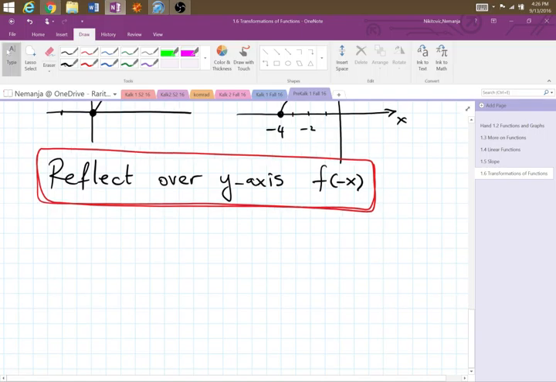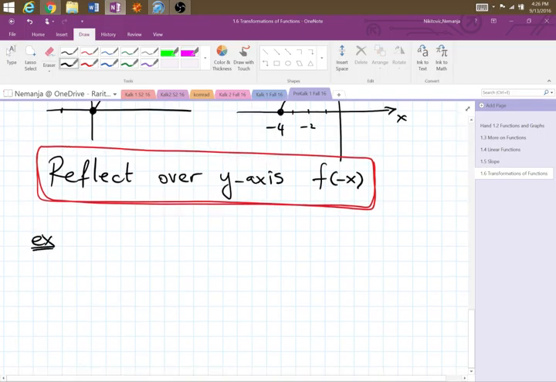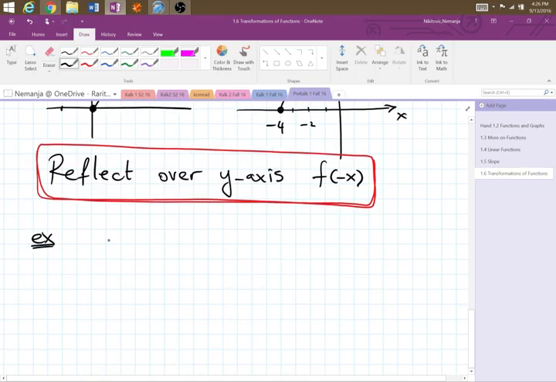Well, immediately go with the example. First of all, you should know by now, because you studied, I hope, even and odd functions, that if I pick any of the even functions, like x squared, x to the fourth, and some that you didn't learn, like cosine or secant functions, if you draw those as the example and you reflect them, they look the same, because they are symmetric on the y-axis, which is exactly what the meaning of even functions is in regards to symmetry.